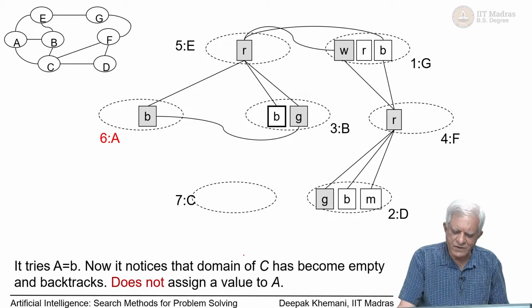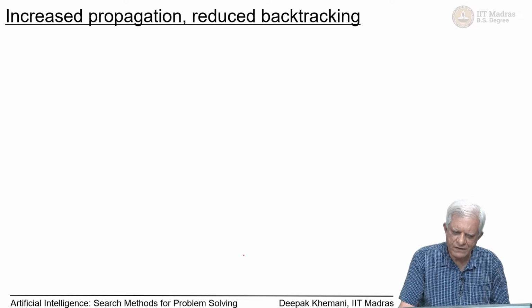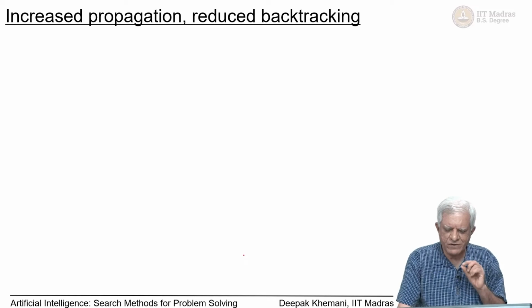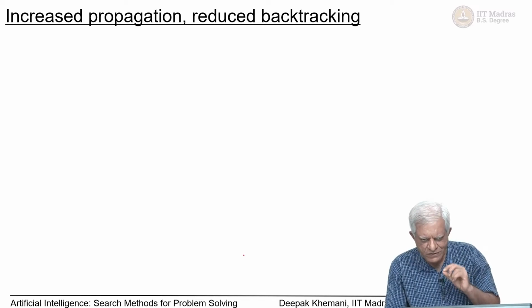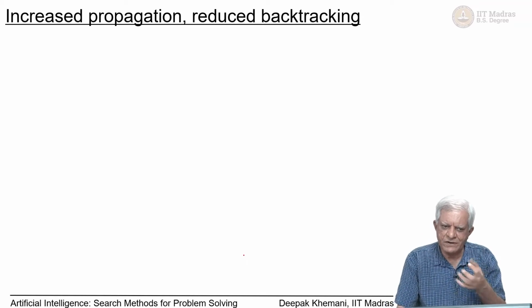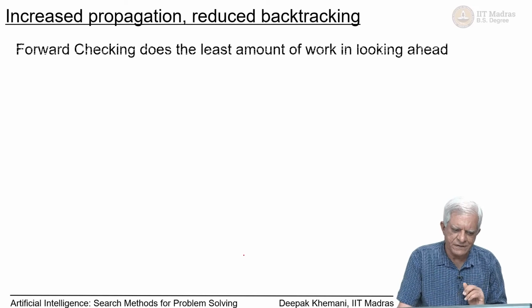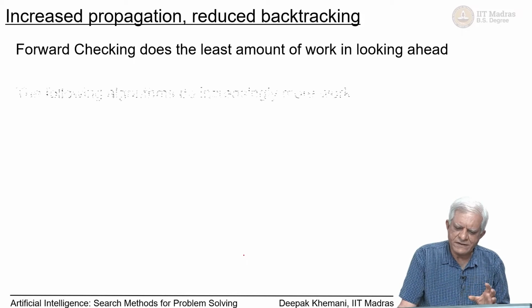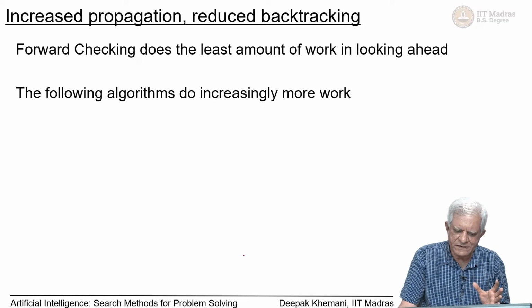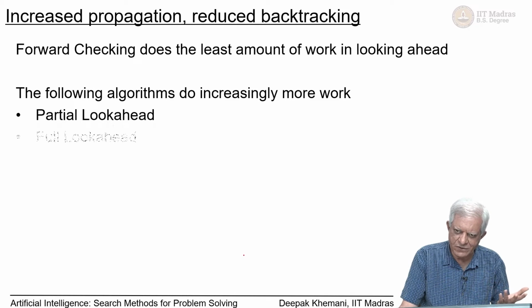So, this I hope gives you a flavor of the algorithm forward checking, and what it does is that it looks at every future variable for the variable being considered and sees whether any value should be deleted from that future variable. So, it is as simple as that. It does the least amount of work in looking ahead essentially. So, there are other algorithms which do more work. They are called partial look ahead.